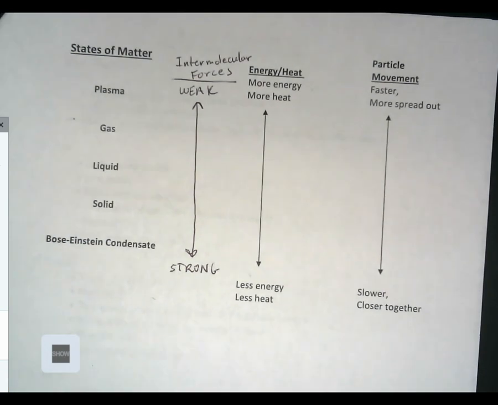So for example, if I asked you, we talked about dry ice, right? Carbon dioxide going from a solid to a gas. If you were to compare dry ice, solid carbon dioxide, to gas carbon dioxide, which one has more energy?